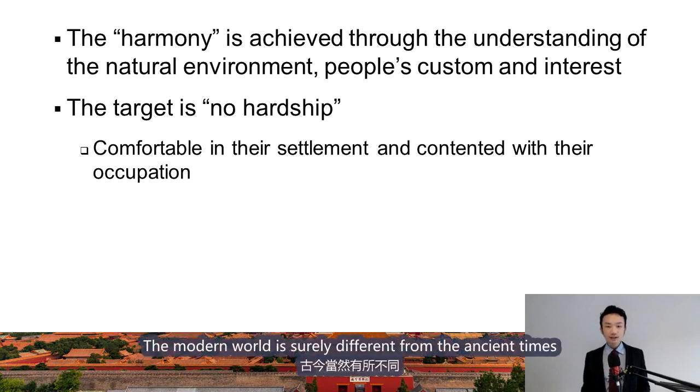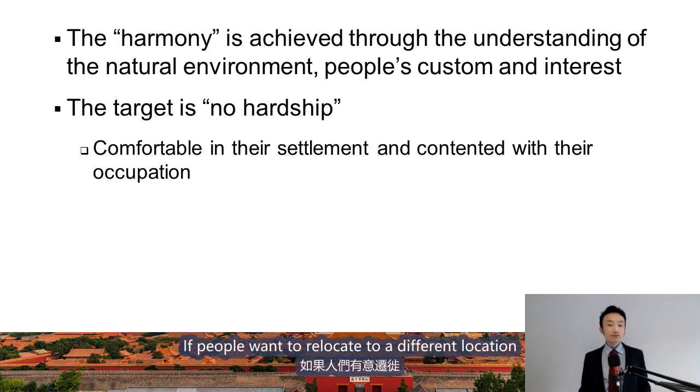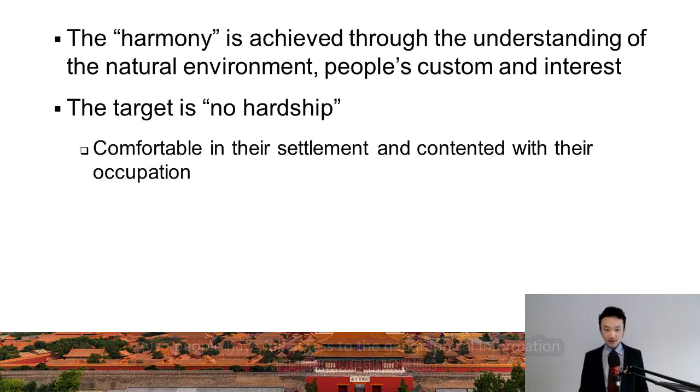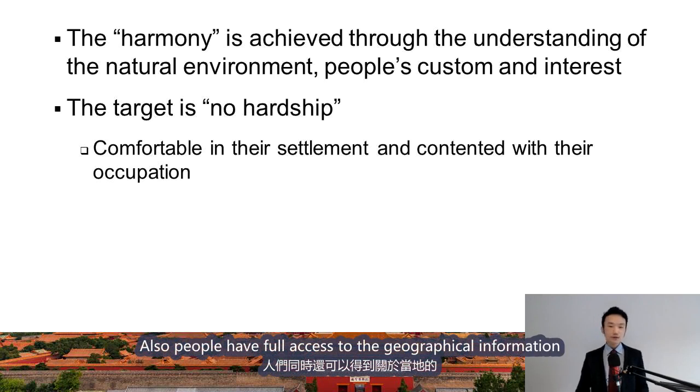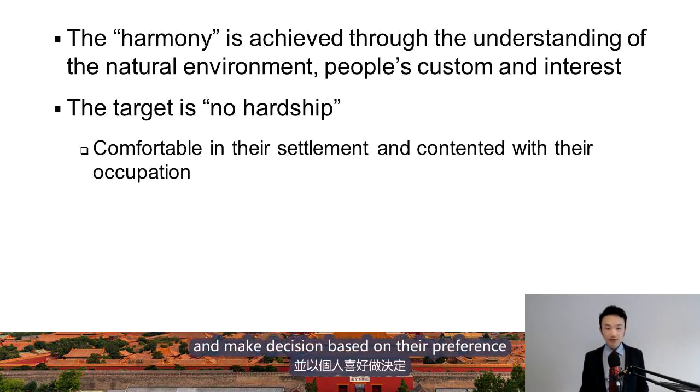The modern world is surely different from ancient times in that people have high mobility thanks to modern transportation. So if people want to relocate to a different location, no matter how far it is, in theory they can do it quite easily by themselves. And also people have full access to the geographical information on the local area and make a decision based on their preference.